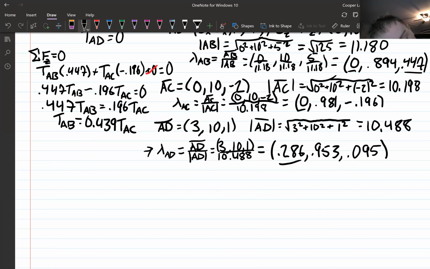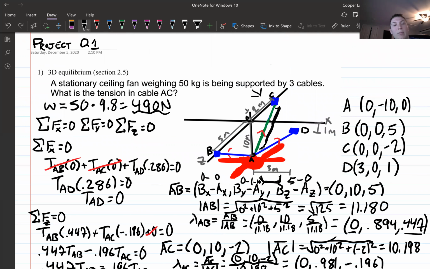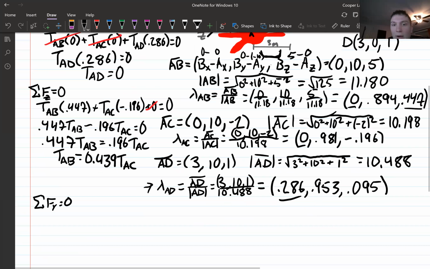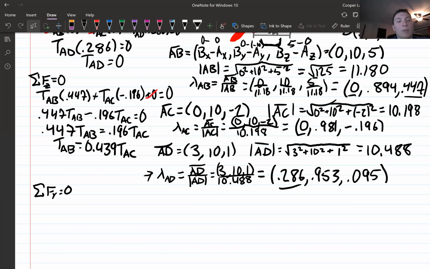So now this brings me into my f of y. I'm going to bring my f of y all the way down here. F sub y equals 0. Now keep in mind, we already established that this weight up here, I'll grab a different color so it sticks out, this weight right here has to go downwards. So that means it's going to be a negative force, because that's what all the cables are holding up. Given this, I'm going to write out my values. I'm just going to start off by writing TAB, however we will end up substituting that.